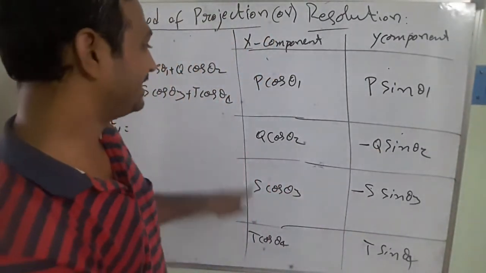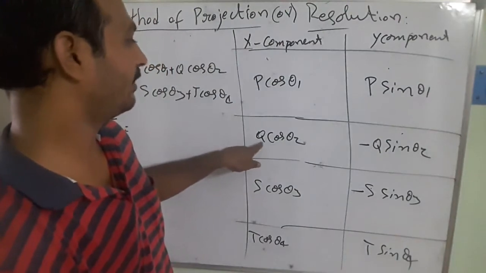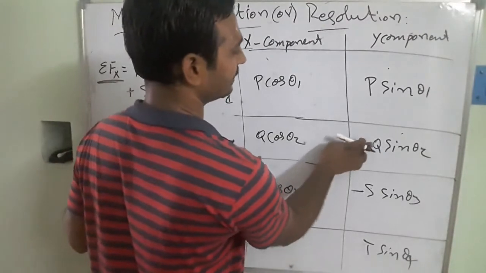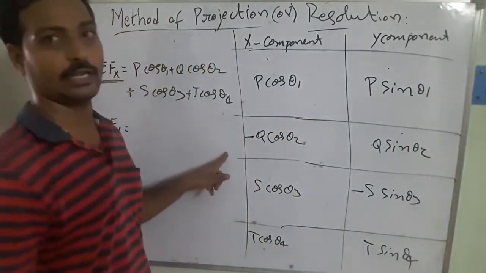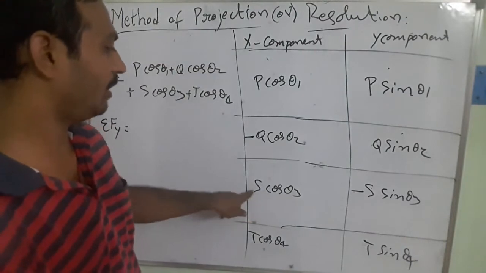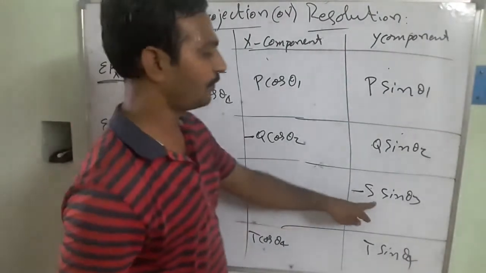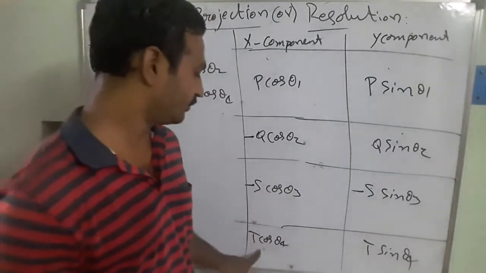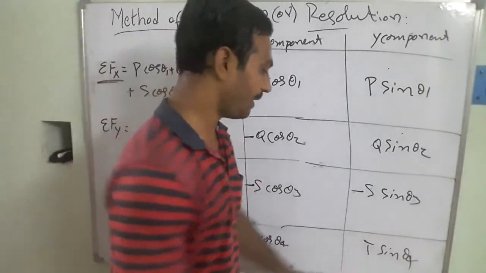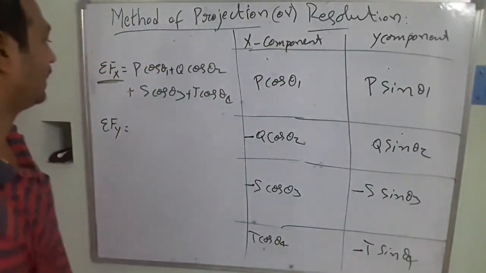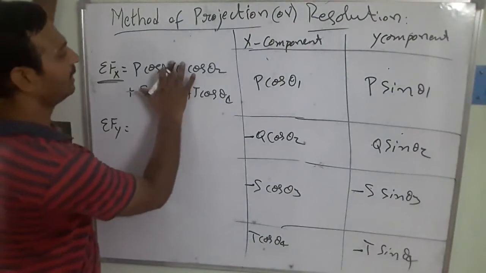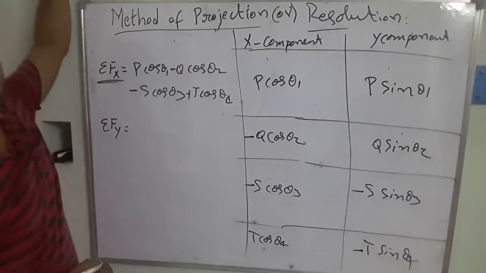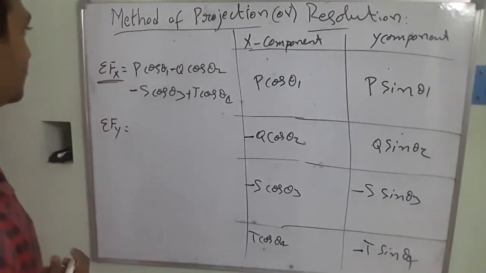Similarly, this component is in the second quadrant, acting towards the left side, and vertically it is positive, while this is negative. In the third quadrant, x is moving towards the left and also downward, so it is negative. T cos theta 4 acts towards the right and downward, vertically down. So only these have the plus or minus variations.